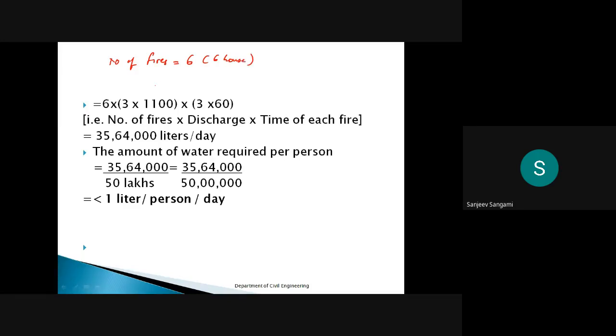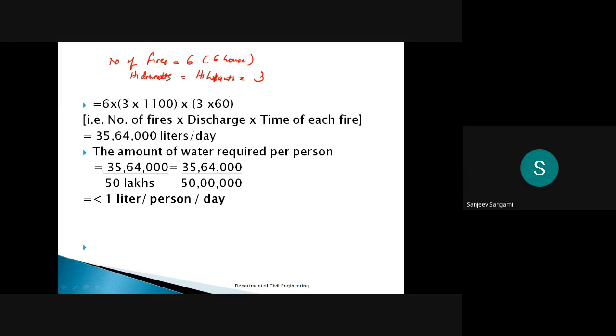Then, how many hydrants are they using? Hydrants. That is three in each street. They have three hydrants.